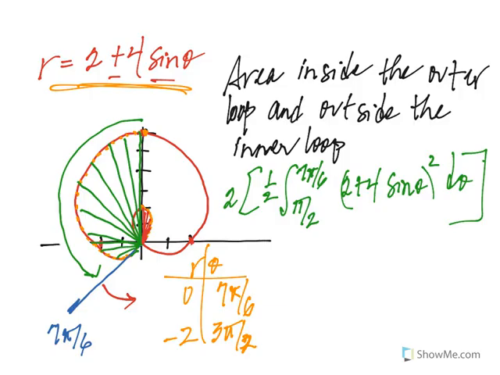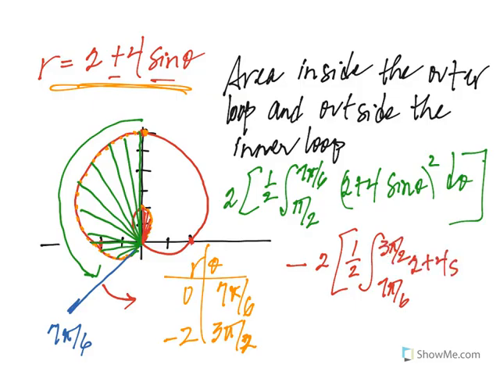And I'm going to double that. So I'm going to take out then, again, I'm going to double this. This is 1/2. I'm going to integrate from 7 pi over 6 to 3 pi over 2 of 2 plus 4 sine theta d theta.